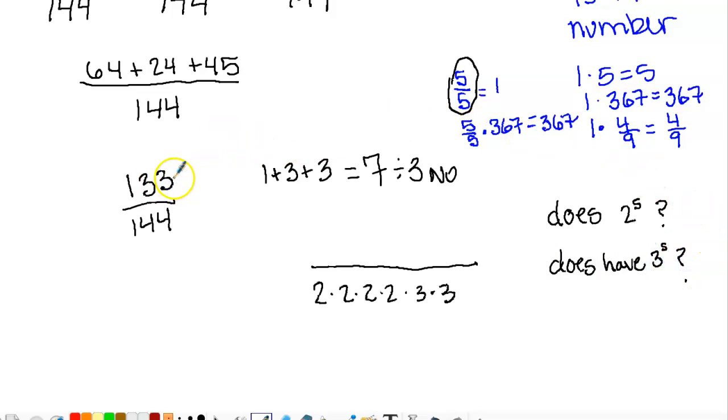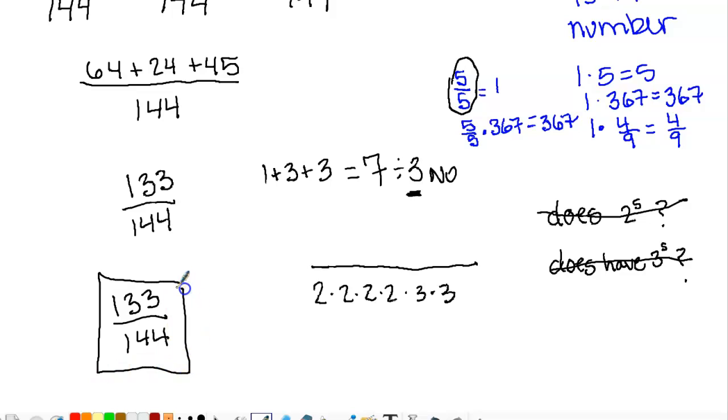We already said 133 is not even, so there are no 2s in it. And we just checked 133 for the trick to divide by 3, and it has no 3s in it. So even though I didn't break down 133 to compare, I did enough to know that 133 over 144 does not reduce. That means that is my final answer.